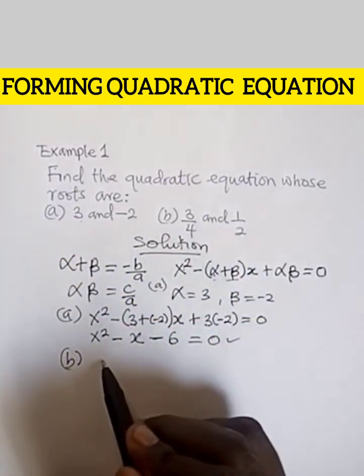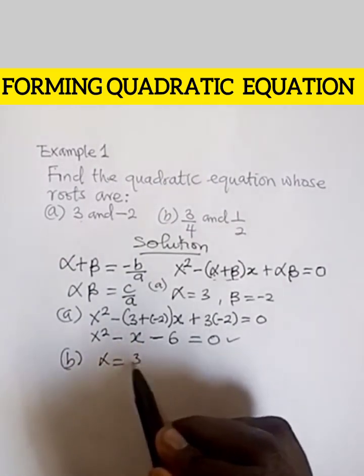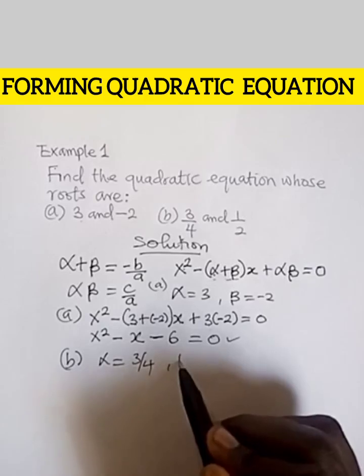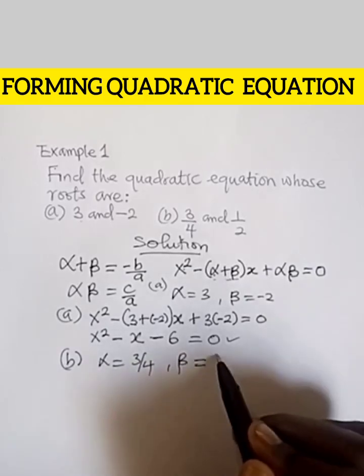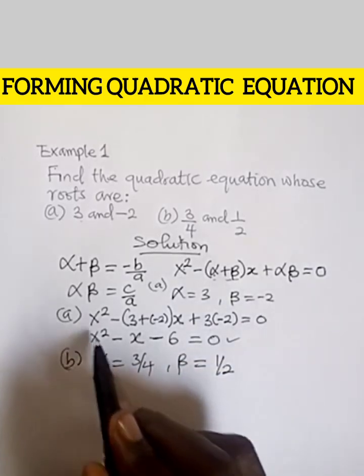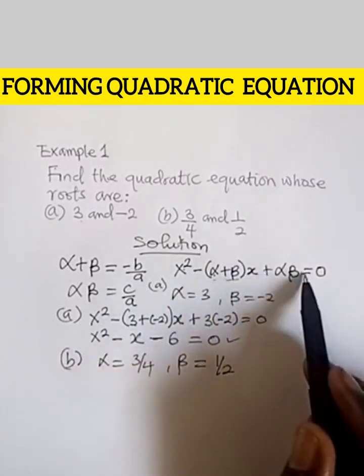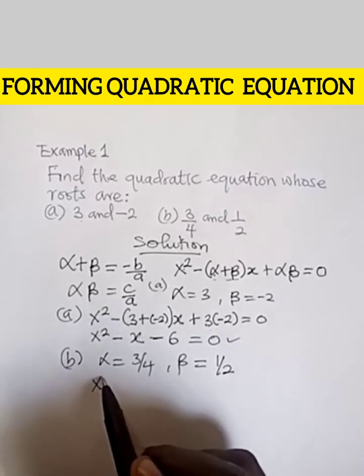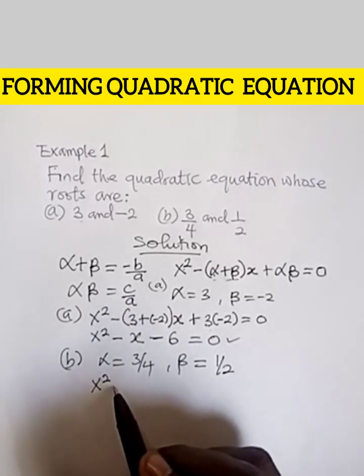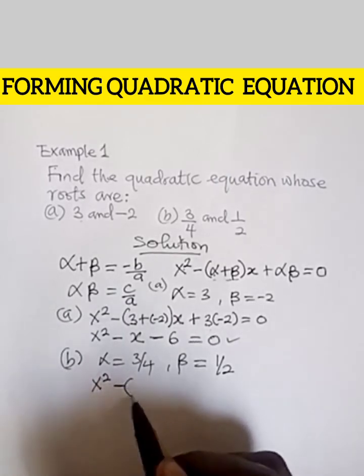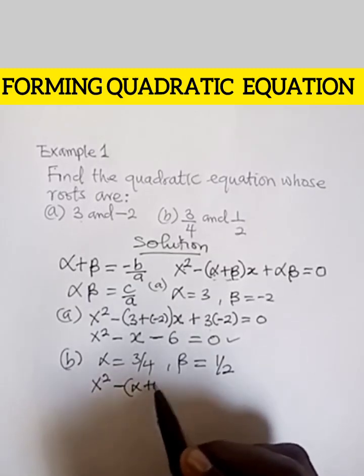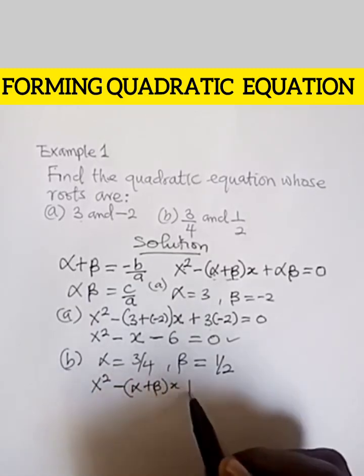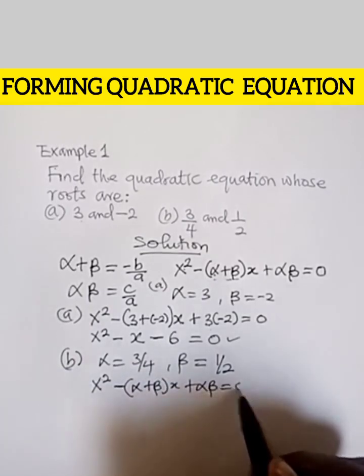In the b part, we have alpha to be 3 over 4 and beta to be 1 over 2. So let's substitute into this quadratic equation. We are going to have x squared minus alpha plus beta x plus alpha beta equal to 0.